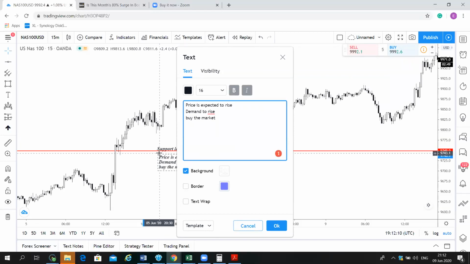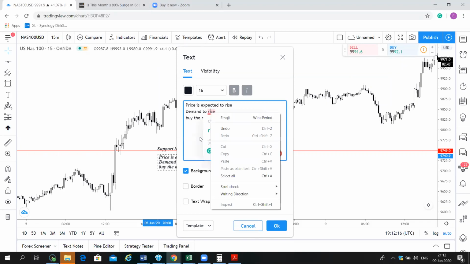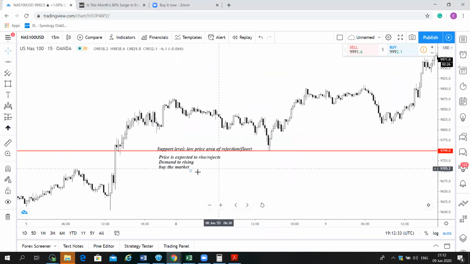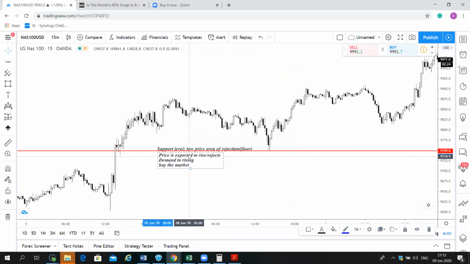Either the price rises or it rejects. Then it comes and retests and pulls up. So we expect price to rise at this area.